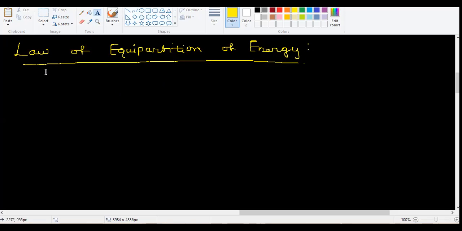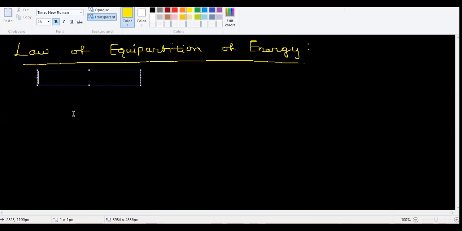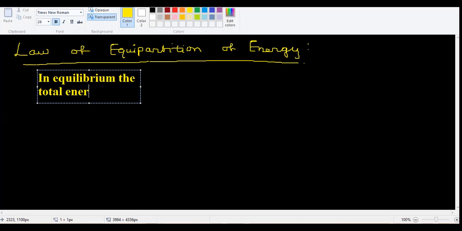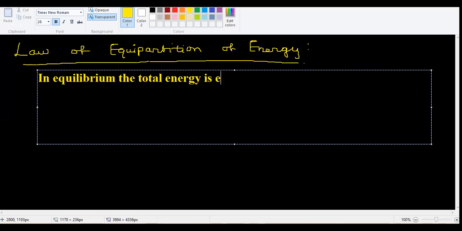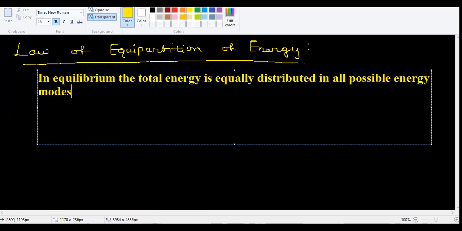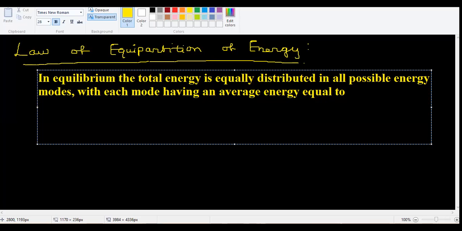So take it down. In equilibrium, the total energy is equally distributed in all possible energy modes, with each mode having an average energy equal to half kBT.